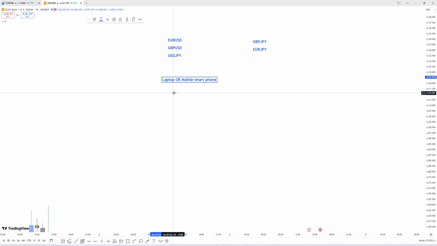Because the forex market moves fast, you really need to use a very stable and reliable internet connection. So once you have these in place, a laptop or your smartphone, and a good internet connection, then the next one is your trading platform. You need a trading platform.